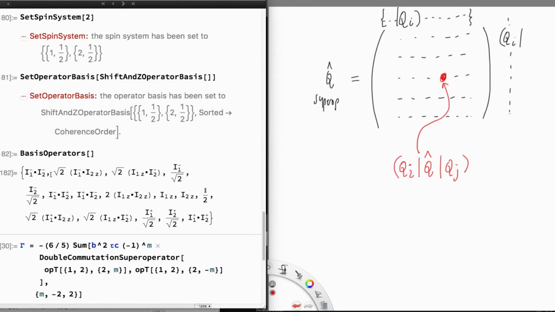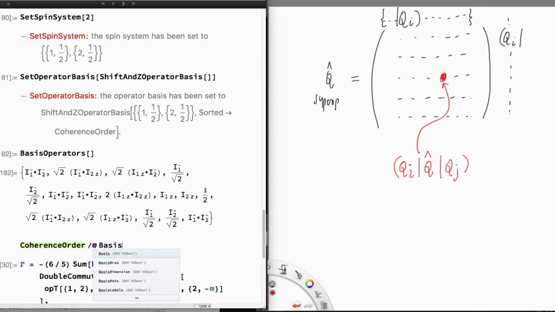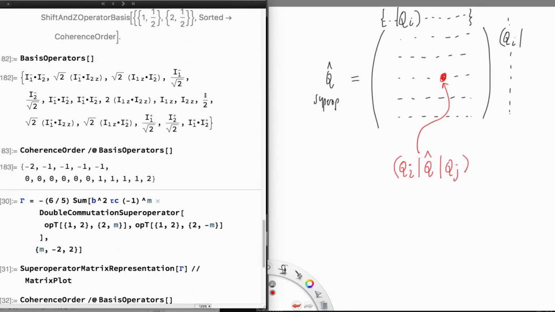So the basis operators involve products of shift operators, I1 minus, I2 minus, and Z operators arranged according to coherence order, which we can examine by evaluating the coherence orders of all the basis operators. And we see a single -2 quantum operator, and then we have 4 -1 quantums, 6 0 quantums, 4 1 quantums, and a 2 quantum.